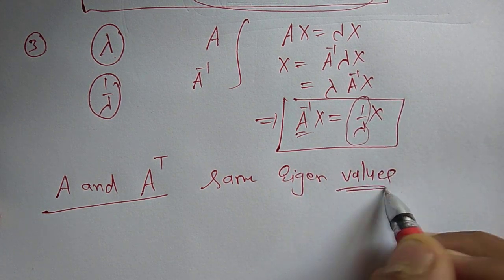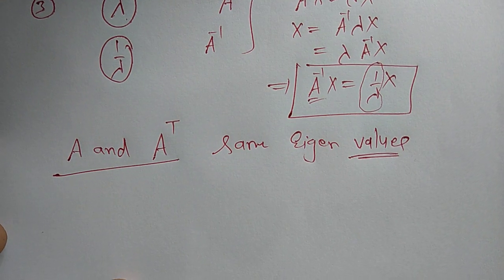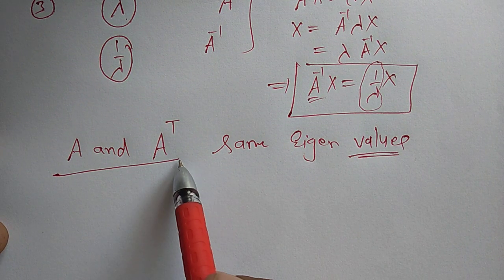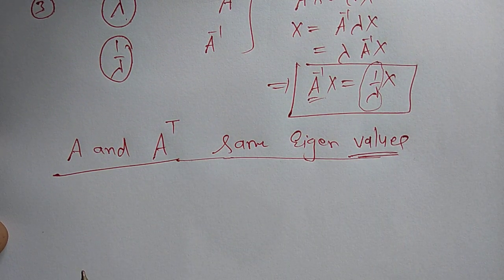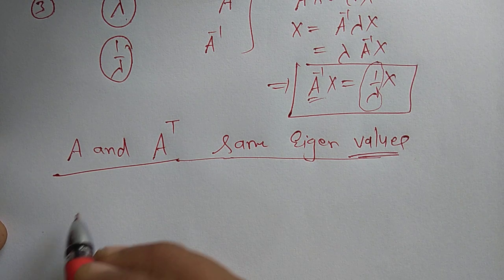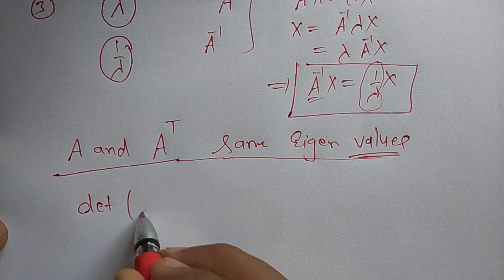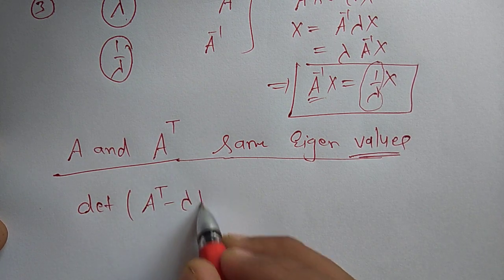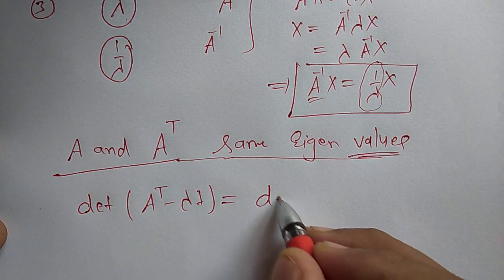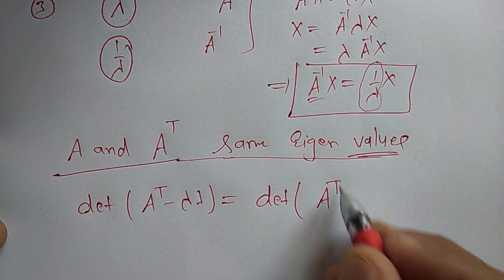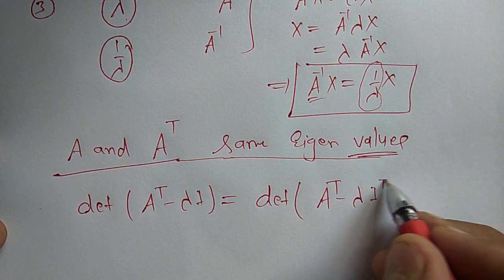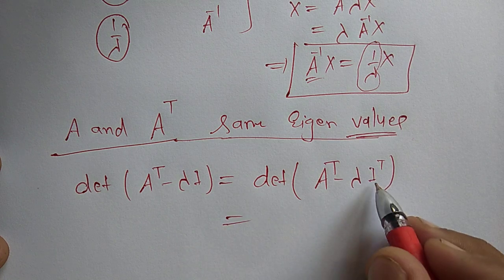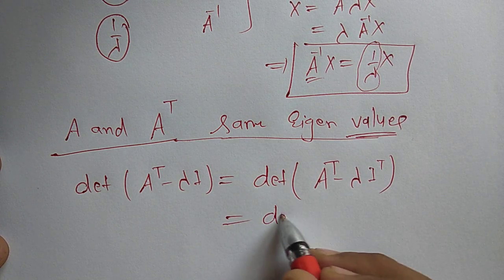The next property: A and A transpose both have the same eigenvalues. We can show this using the property that the determinants of A and A transpose are the same. Let us take the determinant of A transpose minus lambda I, which equals the determinant of A transpose minus lambda I transpose, because the identity matrix is the same as its transpose.